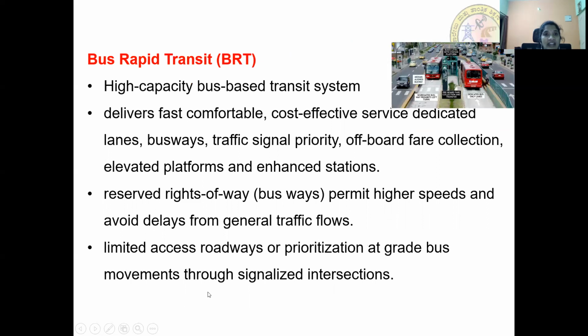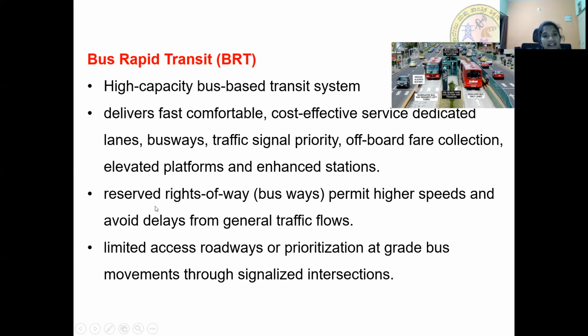Okay. So the next mode is bus rapid transit. This is a typical bus rapid transit. Here, the highest capacity bus based transit system is there. It delivers fast, comfortable, cost effective service, and it has dedicated lanes, busways, traffic signal priority, off-board fare collection, elevated platforms and enhanced stations.